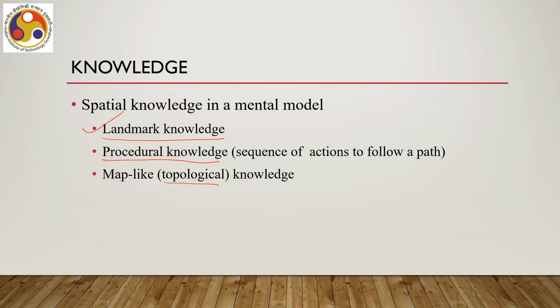So, we should have knowledge about landmarks in our surroundings as well as in other places, some sort of procedural knowledge or the sequence of actions required to follow a path, and an overall map of the environment or topological knowledge of the environment. Together they constitute the knowledge base which is an essential part of the overall mental model.